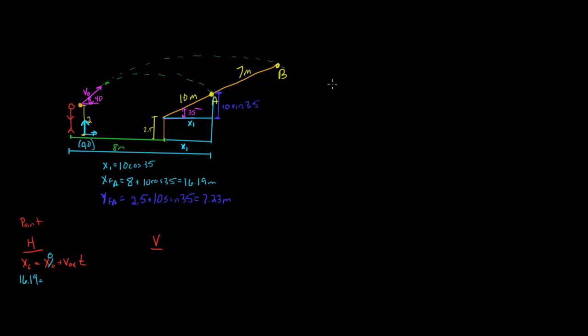Well, we don't know what our v naught is, but we do know that this is v naught, and v naught x is going to be equal to v naught times the cosine of this angle, and this angle is 40. So it's v naught times the cosine of 40.